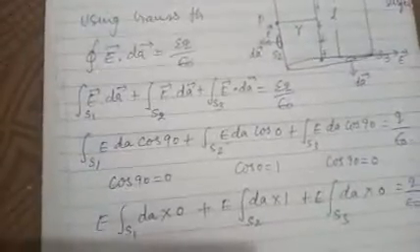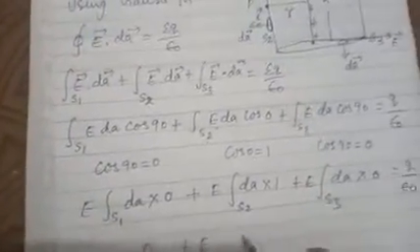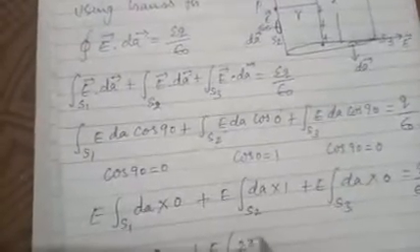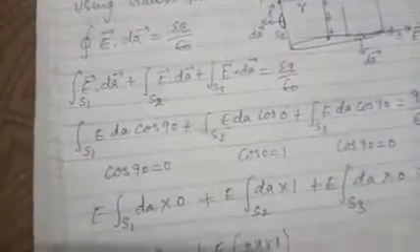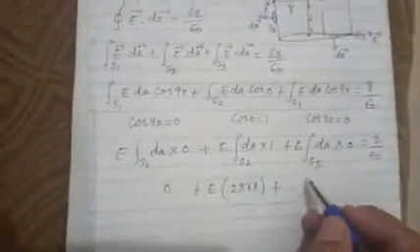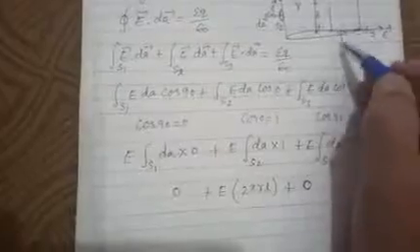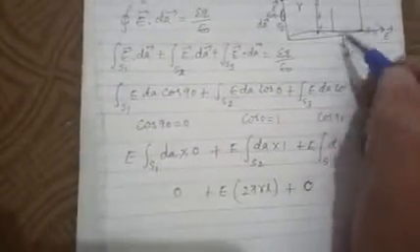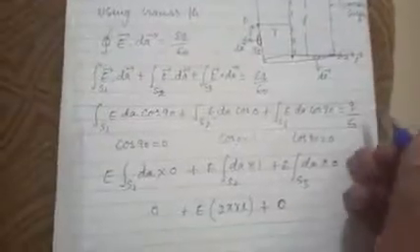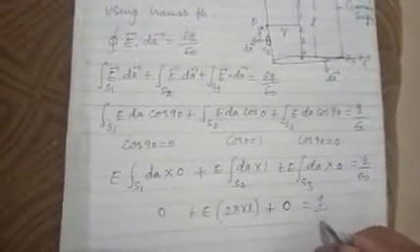So no flux is passing through S1, plus E integral dA over S2, which can be written as 2 pi r L, the curved surface area of the cylinder, that is S2, plus the flux passing through S3 is also equal to 0, because the angle between E and dA is 90. Electric field lines are in this direction, while area is in this direction, so no lines pass through this surface area. So we can write it equal to q by epsilon 0.